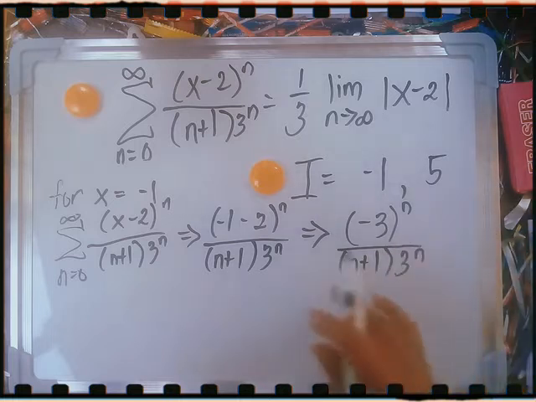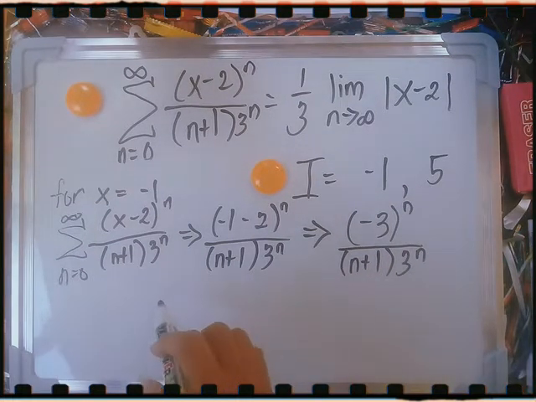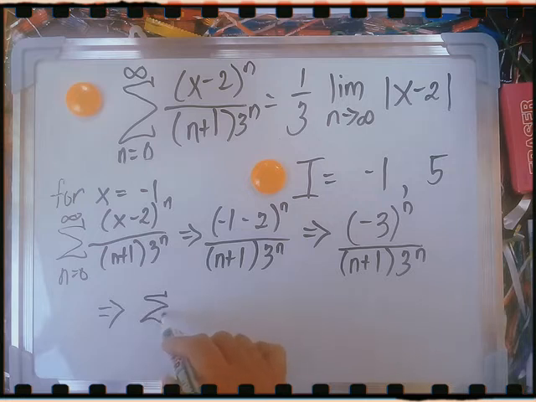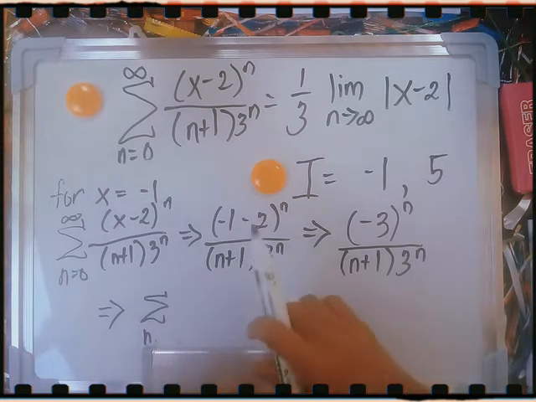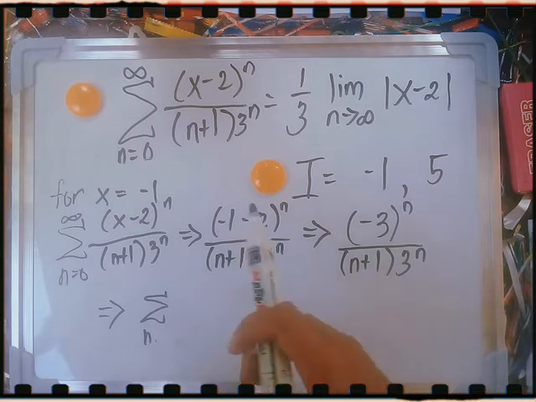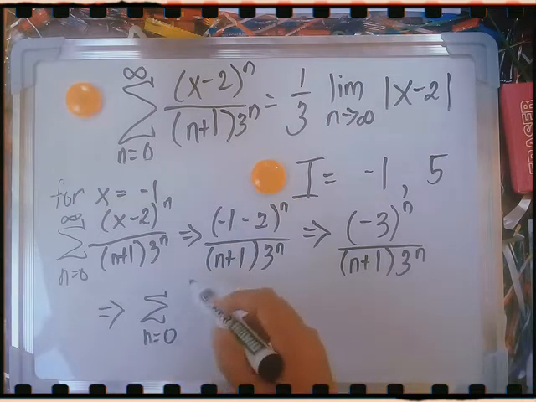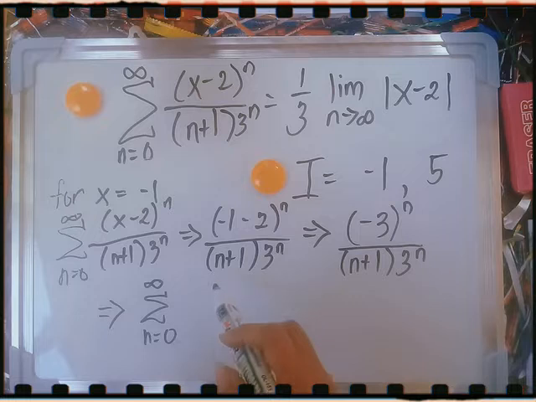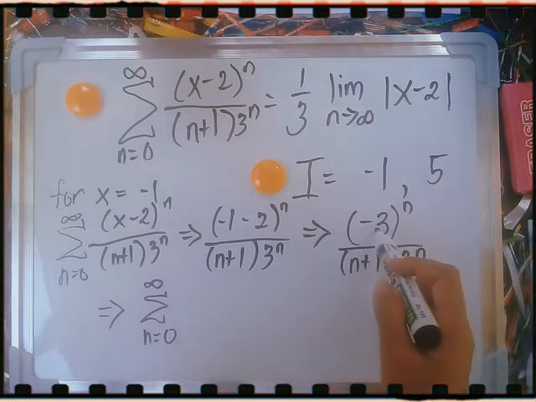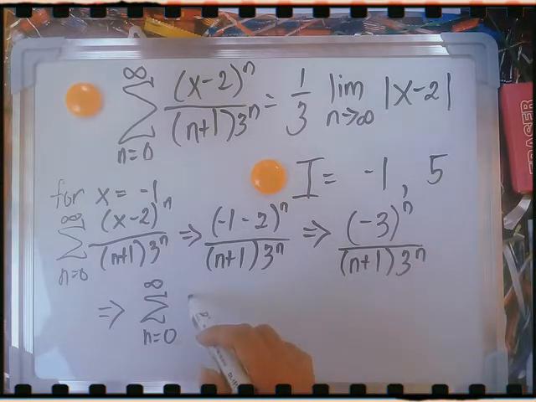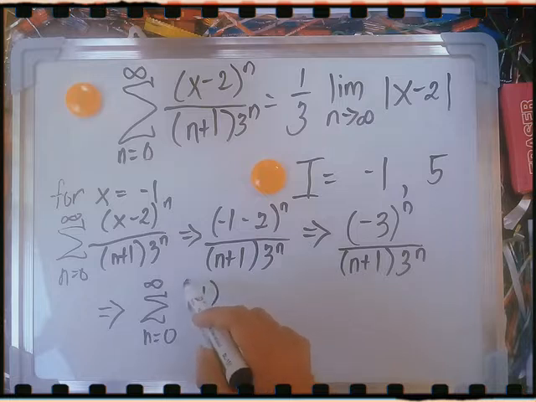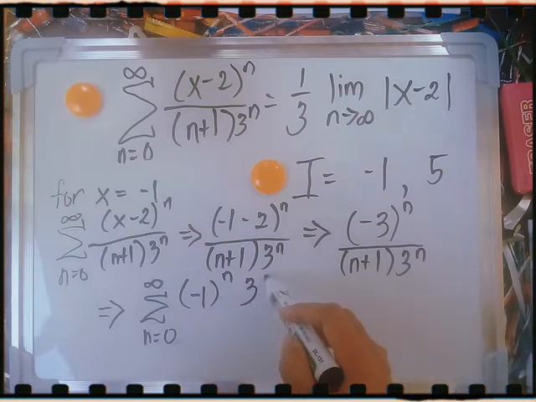So itong numerator natin, pwede natin siyang i-breakdown pa into the series n is equal to 0 to infinity. This will become 1 over n plus 1 times -1 raised to n and 3 raised to n.